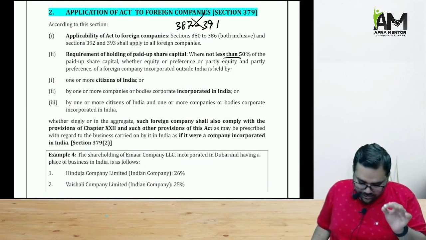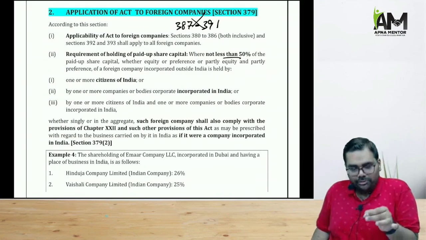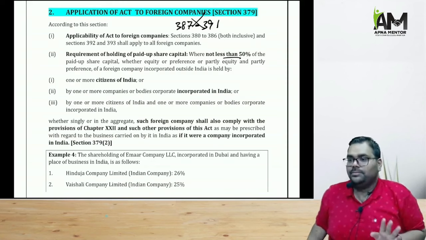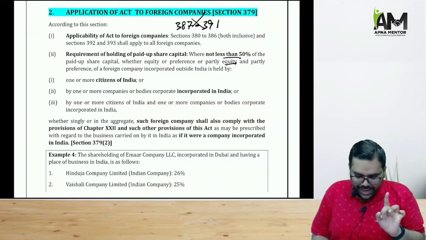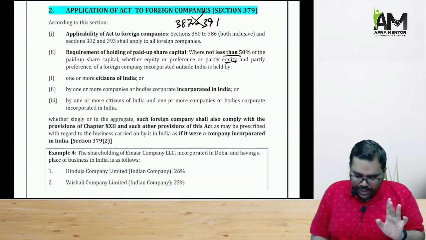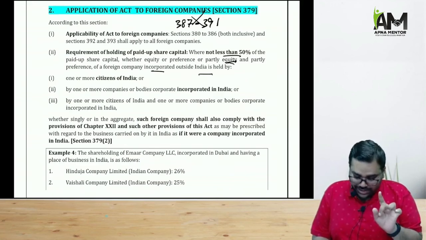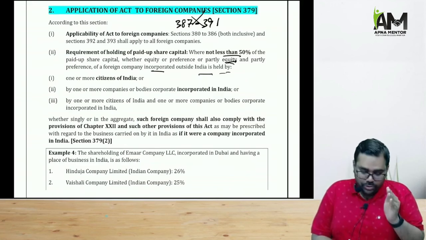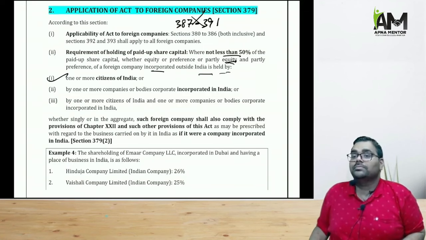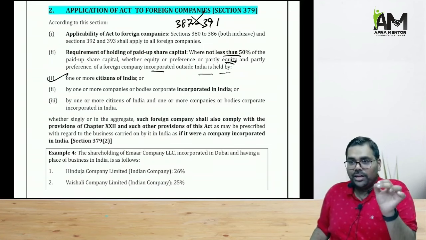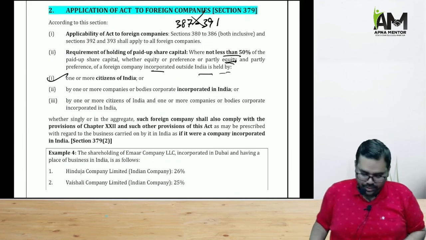Not less than 50% of the paid up share capital, whether equity or preference, of a foreign company incorporated outside India is held by one or more citizens of India.